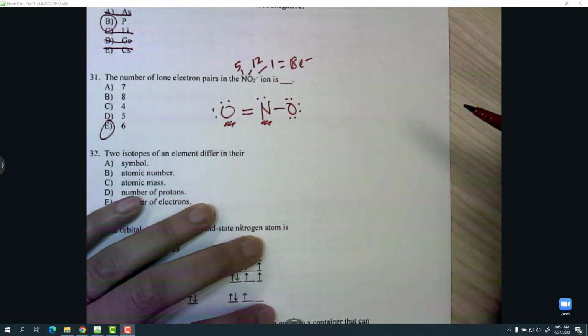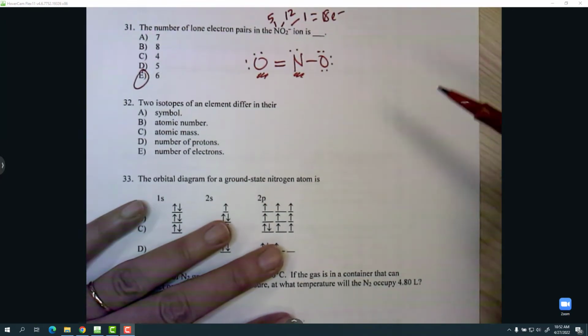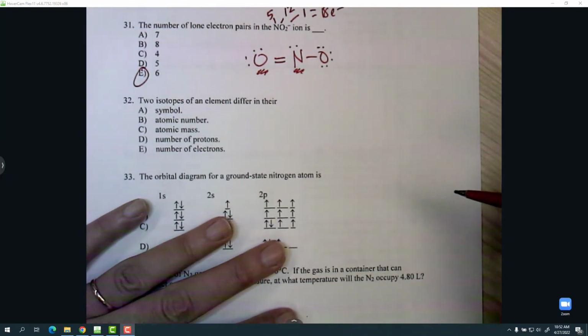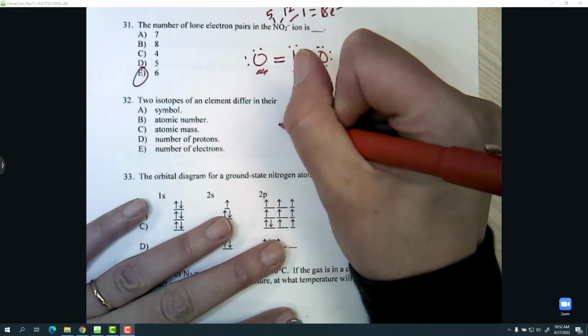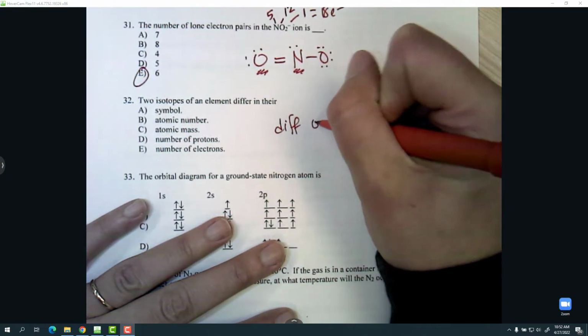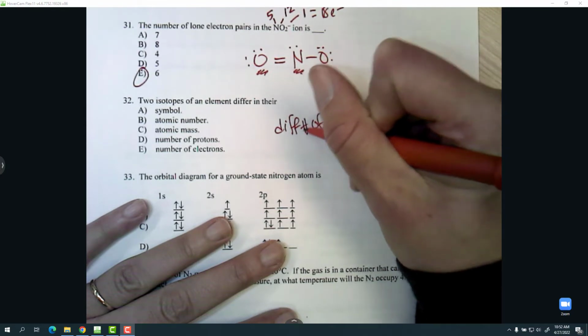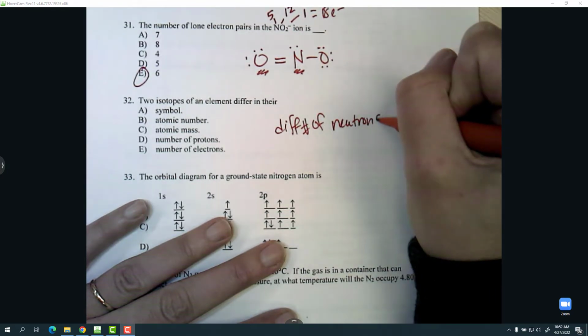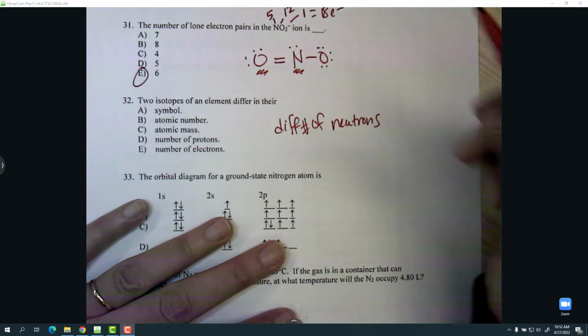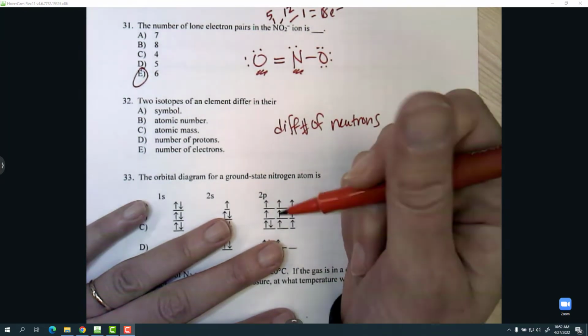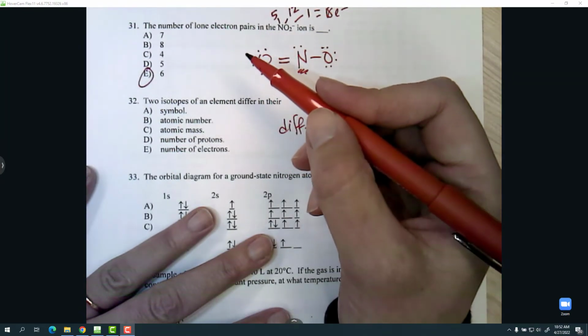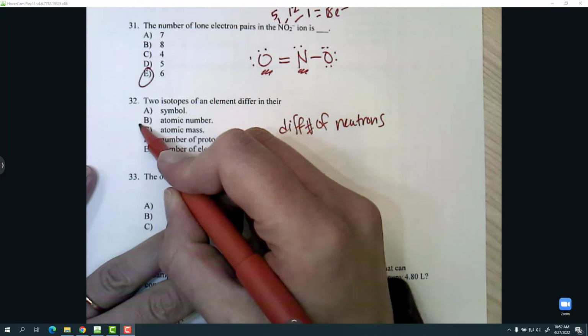Two isotopes. Remember, that means that they have different number of neutrons. That's what an isotope is. That's my first thought, which is not one of the choices. So what would that change? It would not change their atomic number.